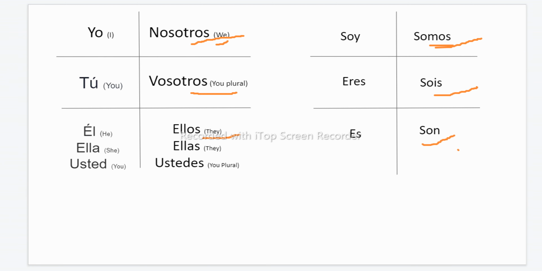Now ellos son, so they are. Ellos son, a group of boys and girls or simply boys. Ellas son, a group of girls only, so ellas son, they are. Ustedes son, you plural are.